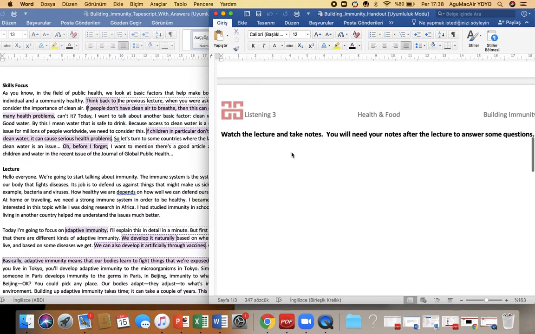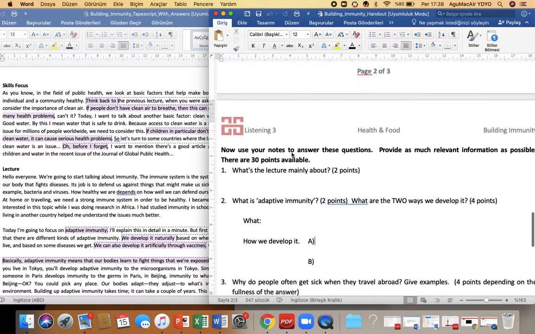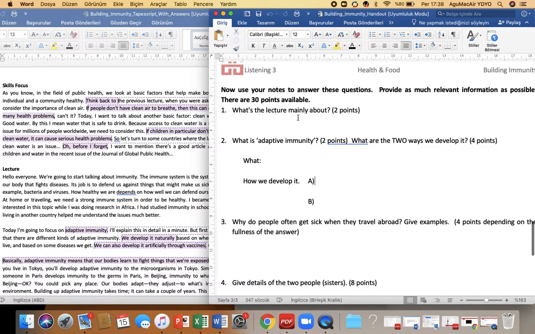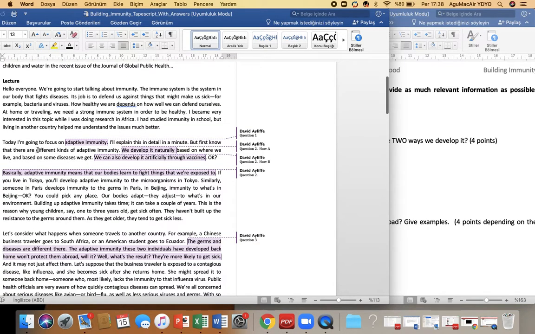Okay, let's look at the answers to the lecture questions. So what is the lecture mainly about, right? What is the main topic in the lecture? It means when you look at the transcript, you can see this language: today I'm going to focus on adaptive immunity. So I'm going to focus on, this is the language, right? So the main focus of the lecture today is adaptive immunity.